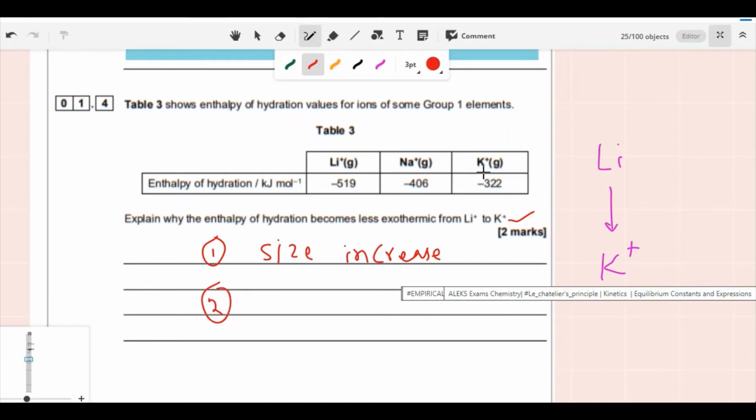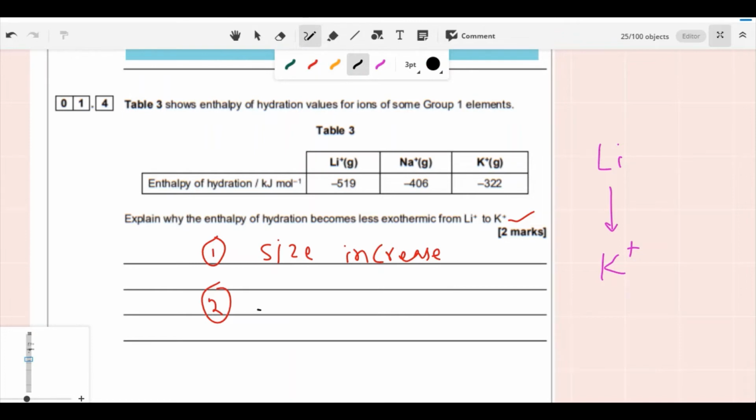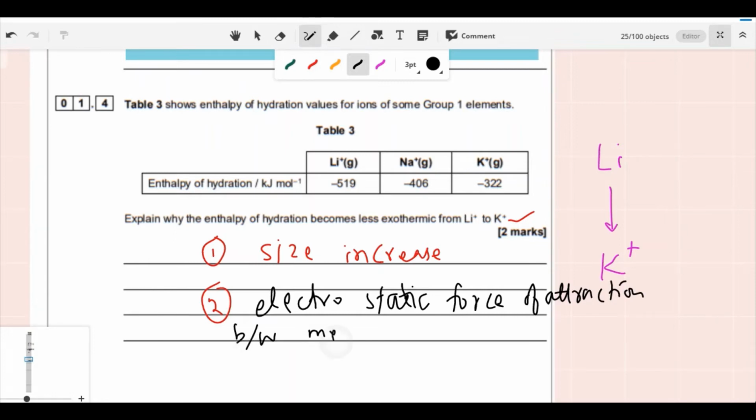So here I am going to write the electrostatic force of attraction between metal ions and oxygen of water decreases. Why?